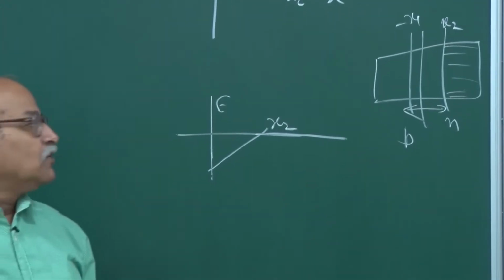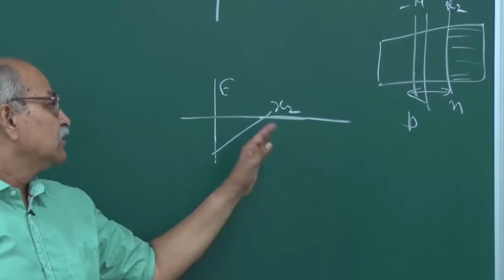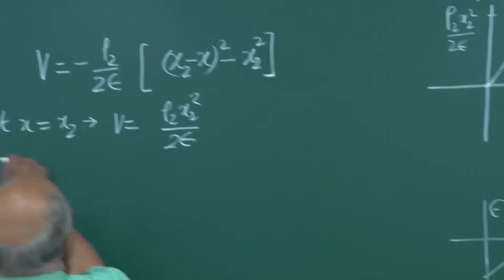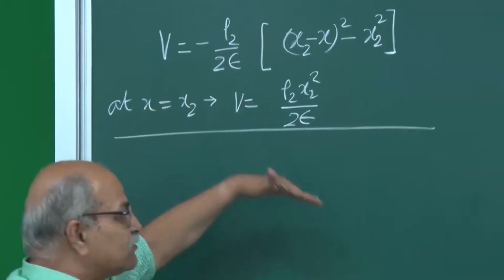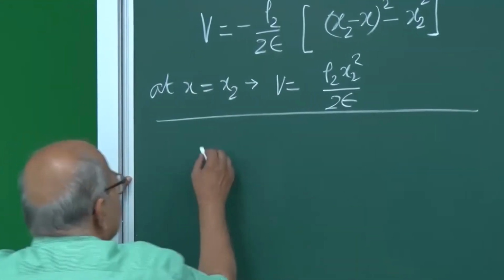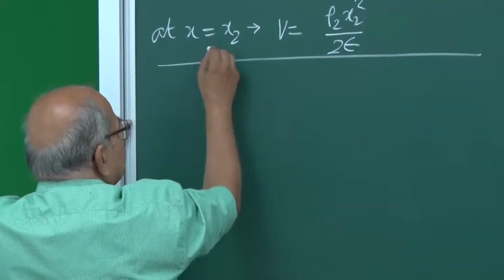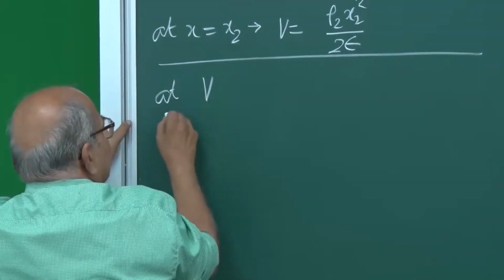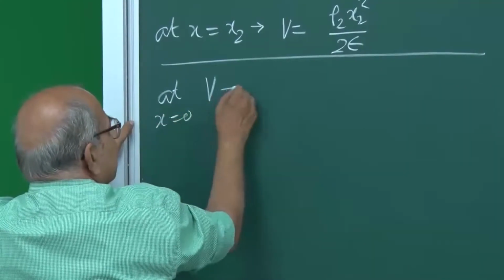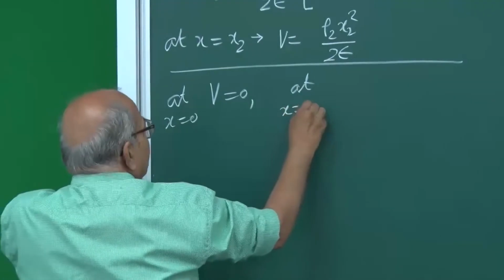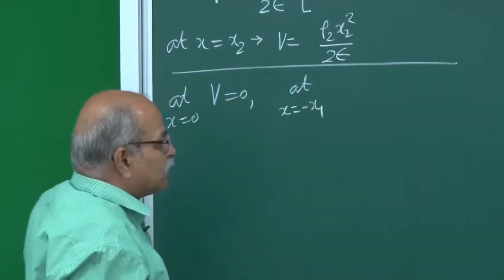Same is the story on the p side, or x less than 0. If you write x less than 0, it is the same algebra, identical, and this v will be at x equal to 0, we have taken v equal to 0 anyway, and at x equal to minus x1 it should be quadratic.